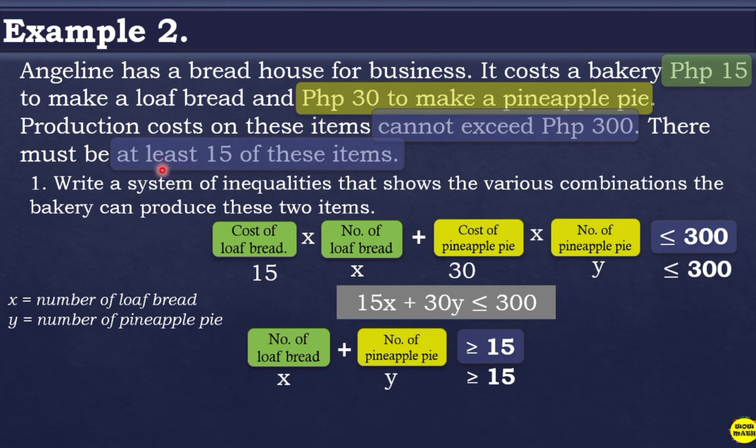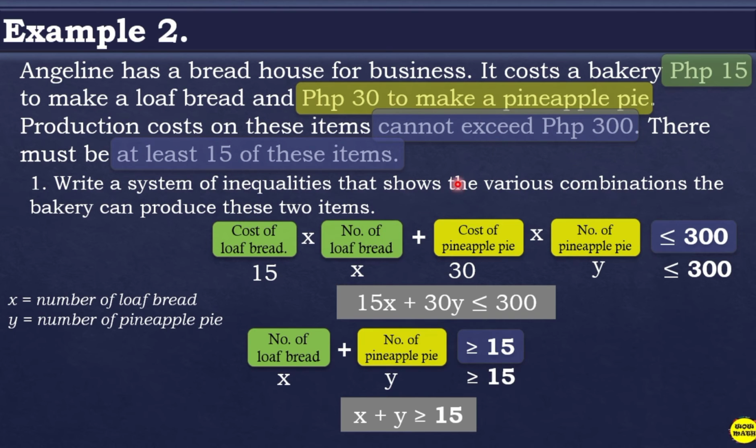Okay? So, pag sinabing at least, ibig sabihin dapat makapag-produce siya ng at least. Ito dapat ang pinakamababa or more. So, 15 and up na items nitong dalawa. Okay? So, therefore, our second inequality is x plus y is greater than or equal to 15.